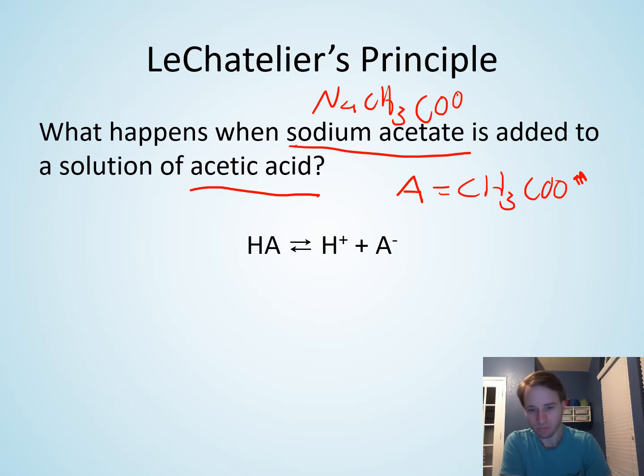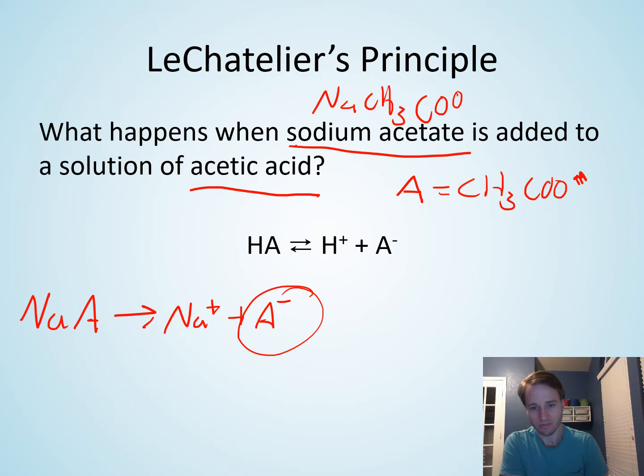If I already have this solution that contains acetic acid, that solution has an equilibrium established. When I add sodium acetate, using the same notation as the equilibrium here, it's NaA, and that fully breaks apart to Na+ and A-. We notice that this A- already exists in an equilibrium that's occurring in this solution.